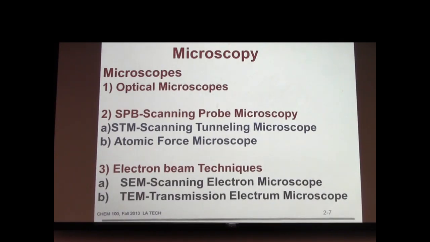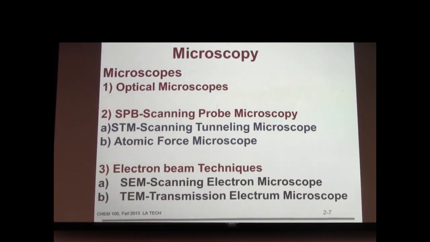It uses a beam on the surface and looks at the reflection from the surface, the reflected electrons. The intensities of those reflected electron beams show the surface features.